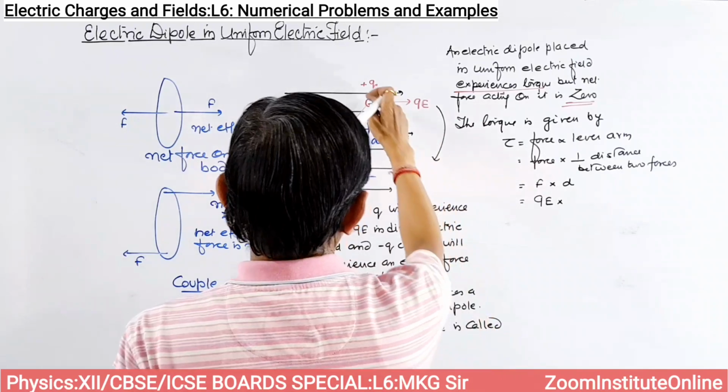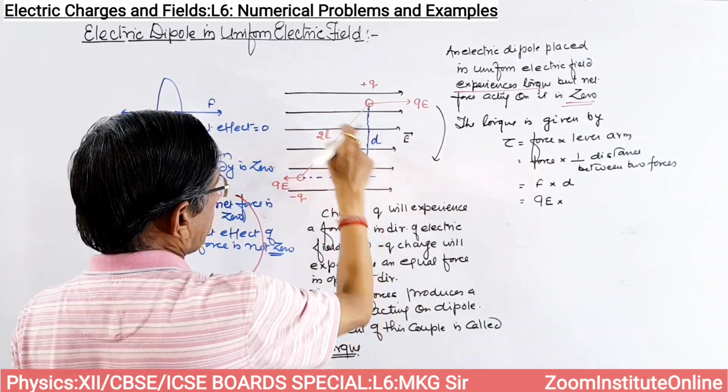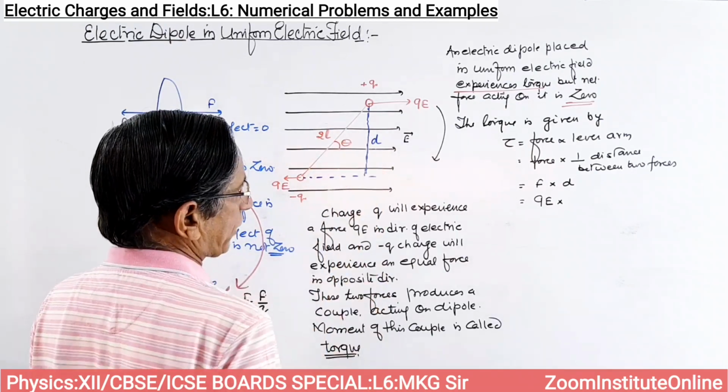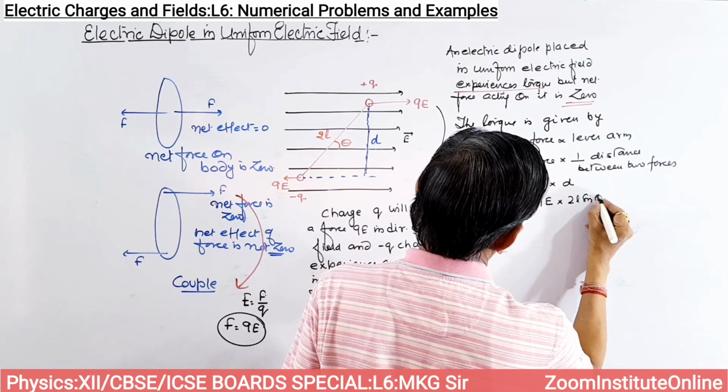And what is d? d is given by, in this triangle, d upon 2l is equal to what? Sin theta. So, d is equal to 2l sin theta.